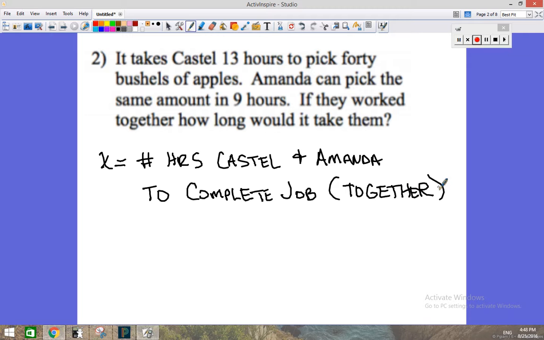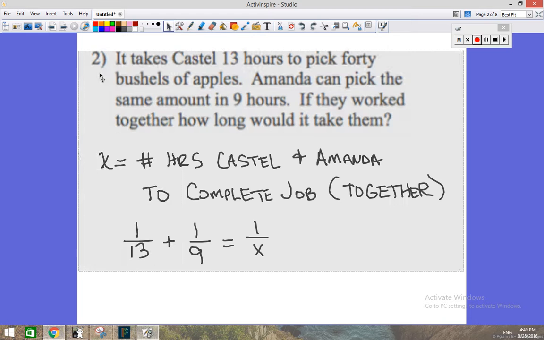So during the first hour that they're working together, Castile can do 1/13 of the job by himself. Now Amanda can do 1/9 of the job by herself, and so we don't know yet how many complete hours it would take them working together. We're going to call that X. So on a per hour basis working together, they get 1/x of the job done.